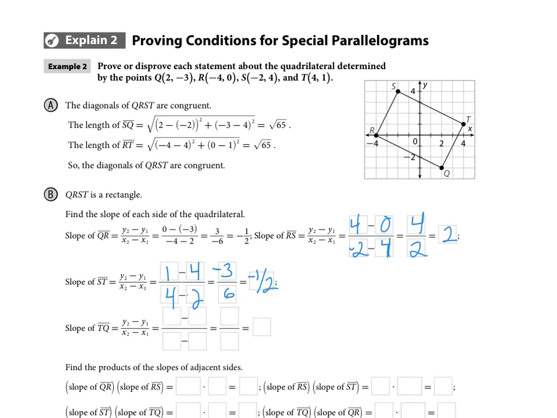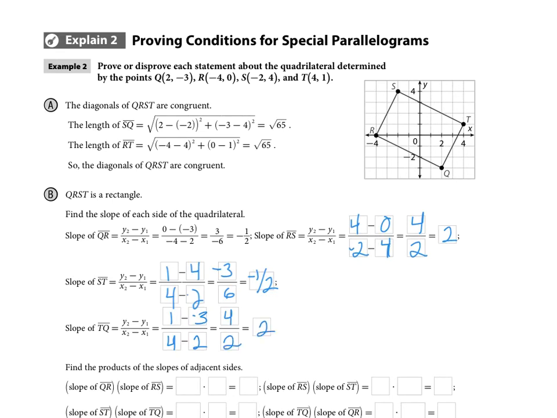Finally, the slope of TQ, or QT, whichever way you want to say it, we're going to look at Q and T, and that's my y2 and my y1, so 1 minus -3 all over 4 minus 2 is +4 over +2, or 2.